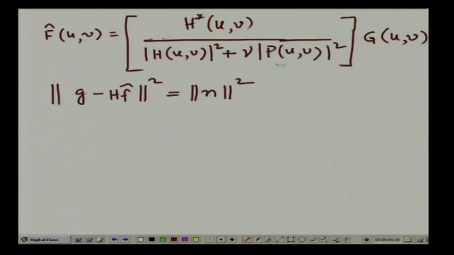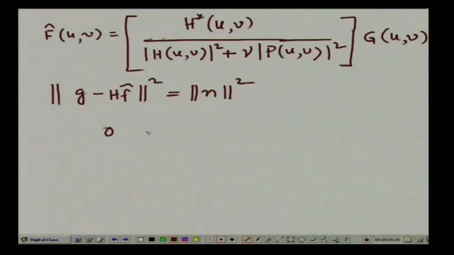And this term P u v is the Fourier transform of the mask given by 0 1 0, 1 minus 4 1, 0 1 0, with signs as shown: 0 minus 1 0, minus 1 4 minus 1, 0 minus 1 0.